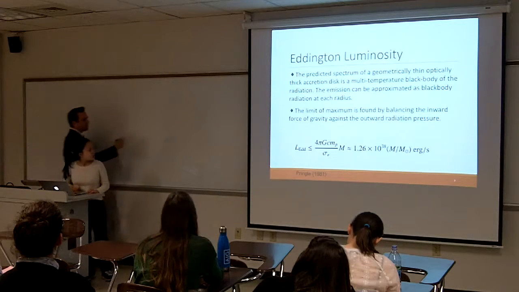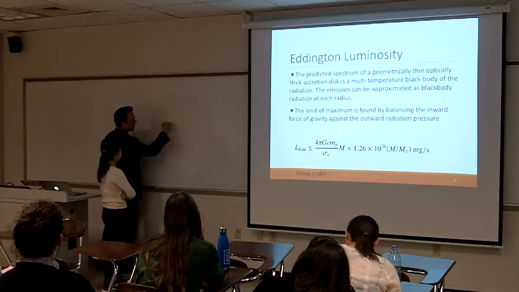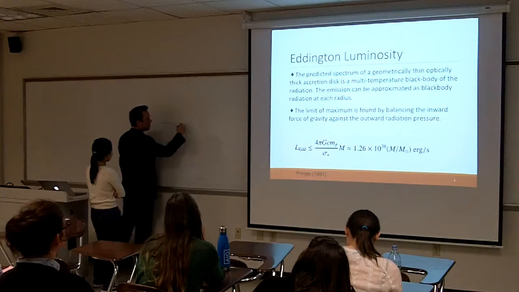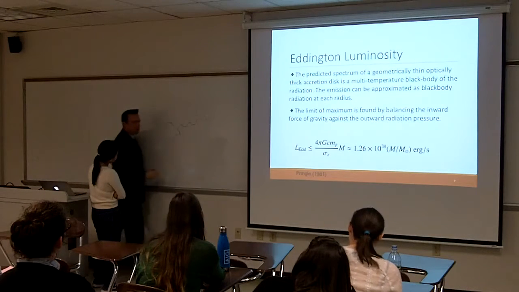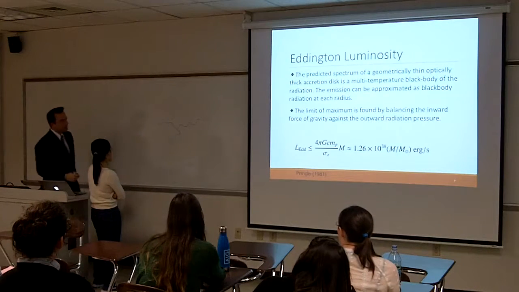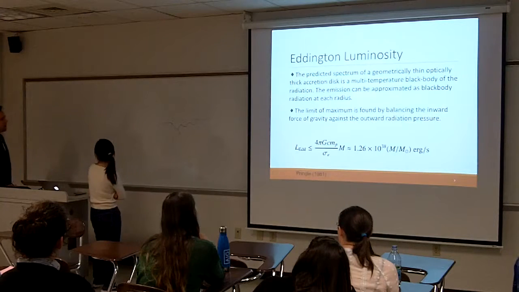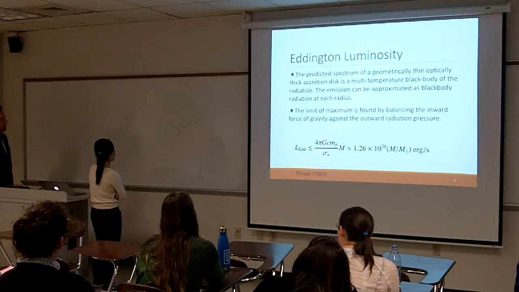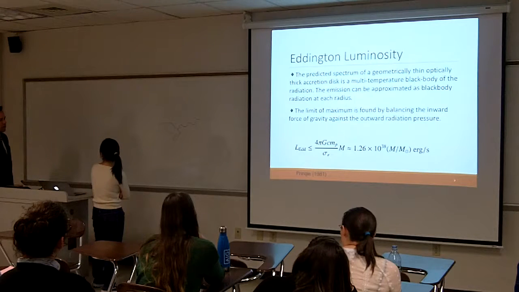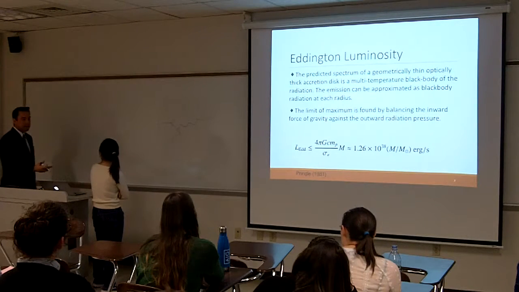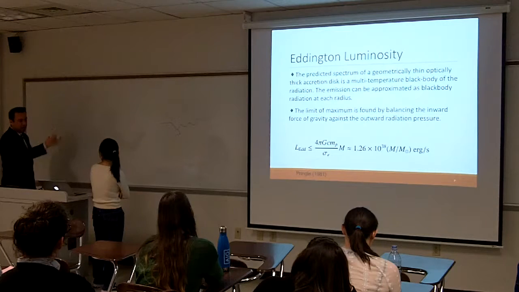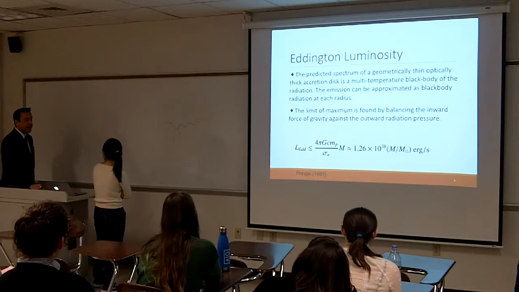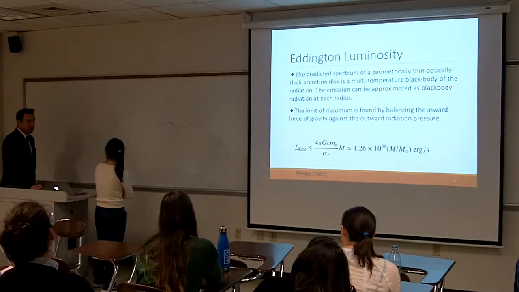And so if you consider an object that for some reason emits photons, and there's this concept of Eddington luminosity, that the luminosity can't exceed the Eddington value, I guess is what the equation says. So why can't it exceed the Eddington value?